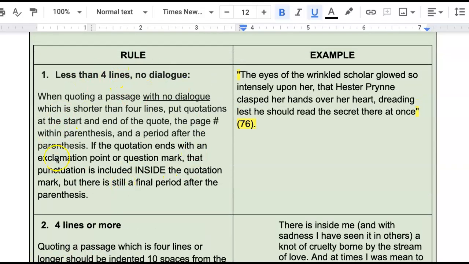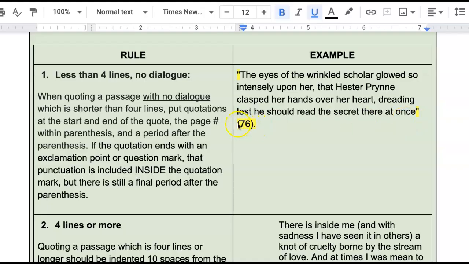Okay, so over here I have the rule written out, and over here I have an example of it. The first rule talks about less than 4 lines with no dialogue. And this quote has less than 4 lines, so it has no dialogue also. So what you want to do is right away put quotation marks at the beginning and the end of the quote so the reader knows that you took this quote directly from a text.